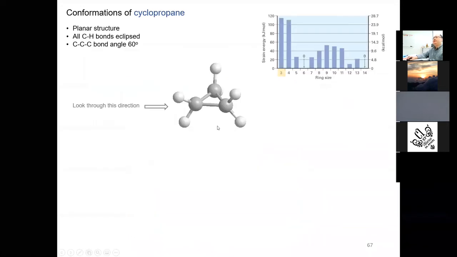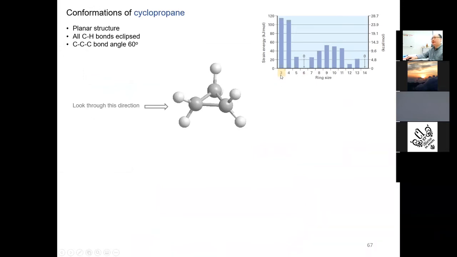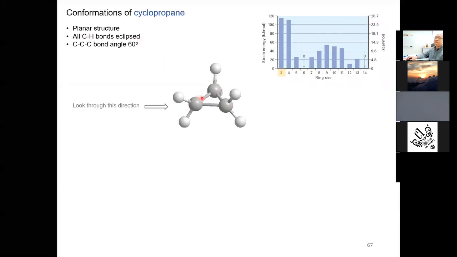So the 3-membered ring has a very high strain energy. What kind of strain is there? If you put 3 atoms linked to each other together, you can only have a planar structure. Because of the planar structure, all CH bonds are eclipsed to each other, with a carbon-carbon-carbon bond angle of 60 degrees.